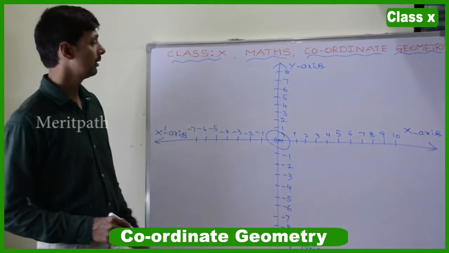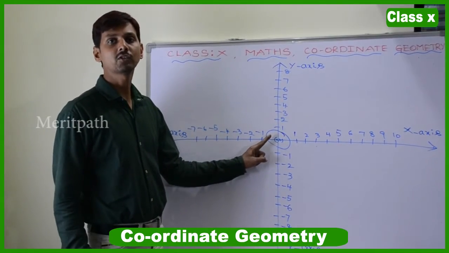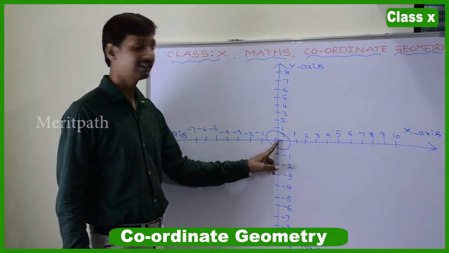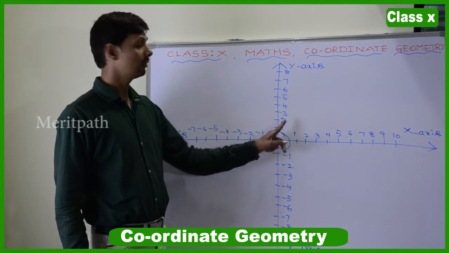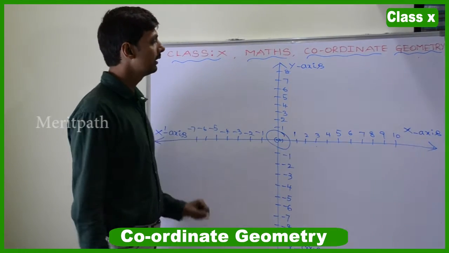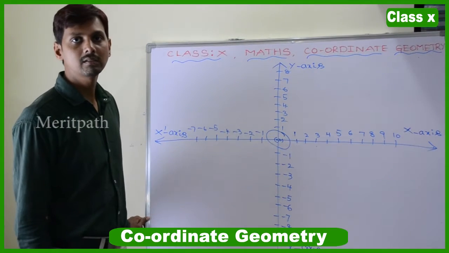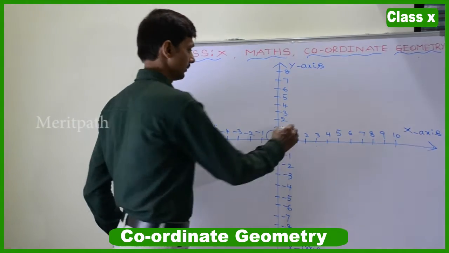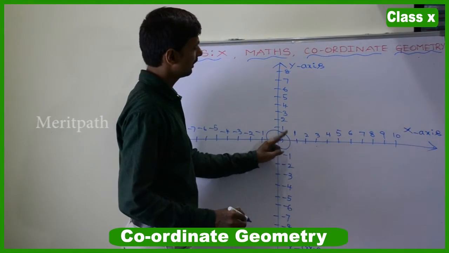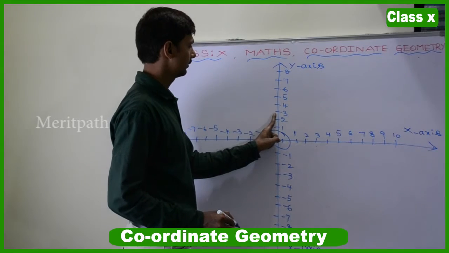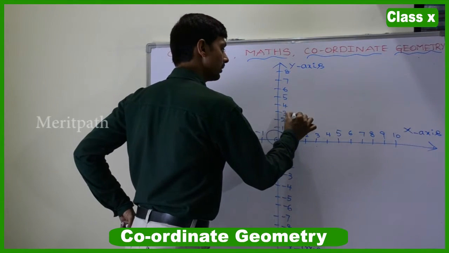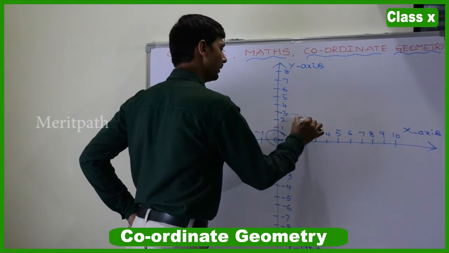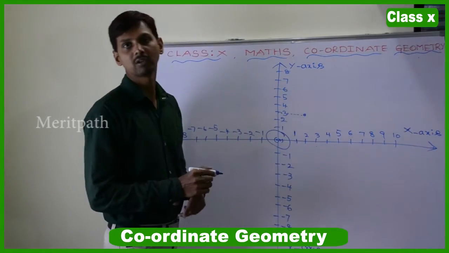Already we have discussed that this is the point of confluence of the x-axis and y-axis, which we call 0, also the origin. Earlier we discussed graphs of polynomials. The distance of a point from the y-axis is called the x-coordinate.